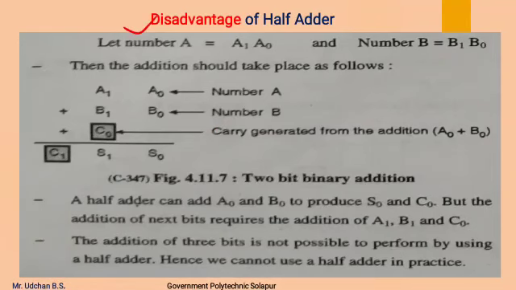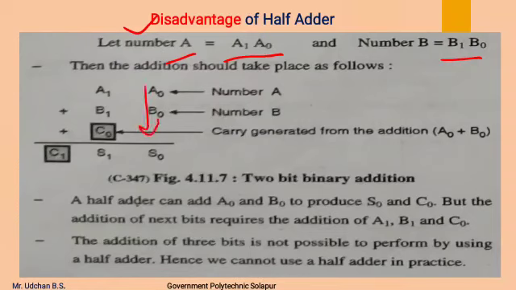Now we will see the disadvantages of the half adder. Suppose we are going to add two numbers: A, a 2-bit number which consists of A1 and A0, and another number B which consists of B1 and B0, also 2 bits. Now we will add these bits from LSB to MSB.